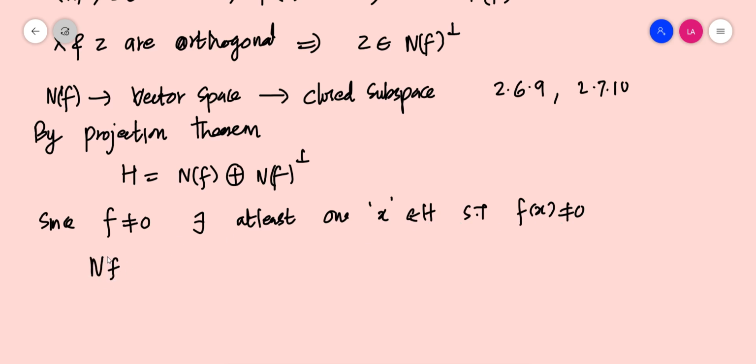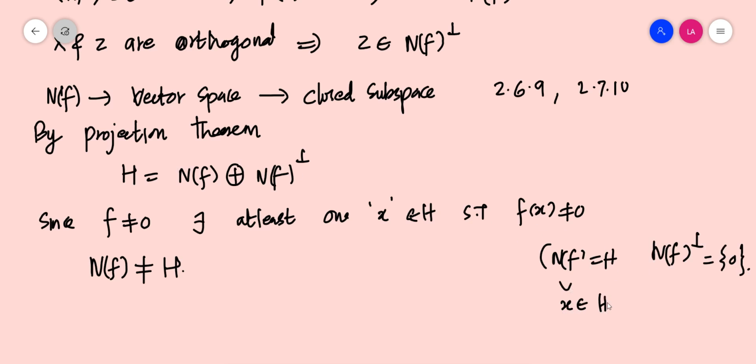So this implies N of f is not completely H, because if N of f was H, then N of f perpendicular was the set 0. Then for all x element of H, f of x should have been equal to 0, because N of f perpendicular is equal to 0.